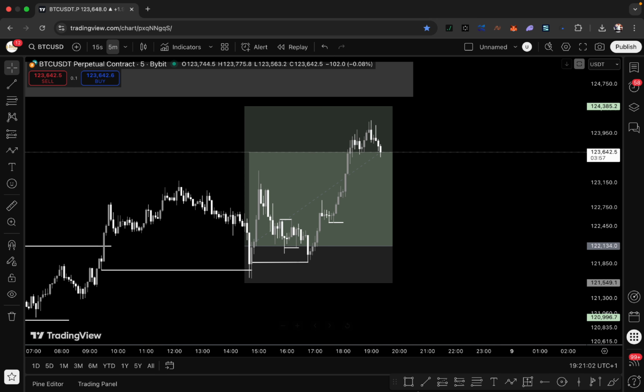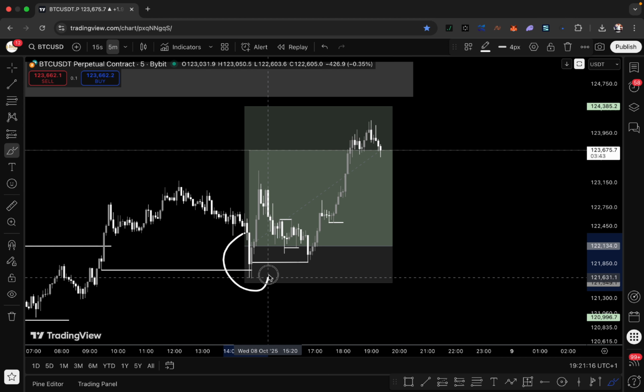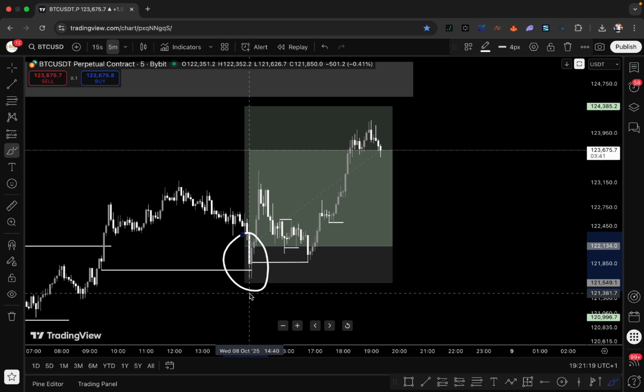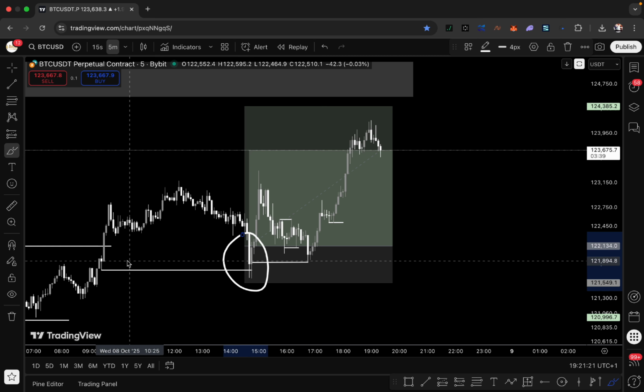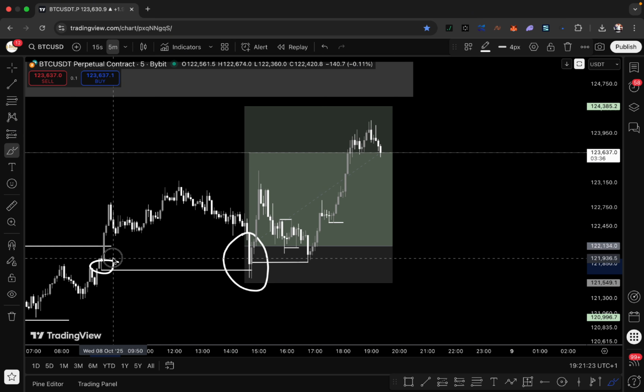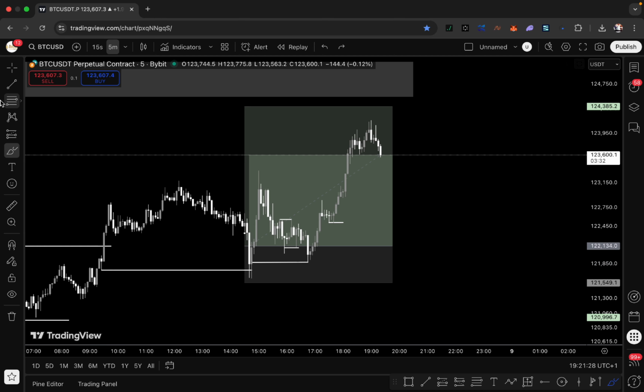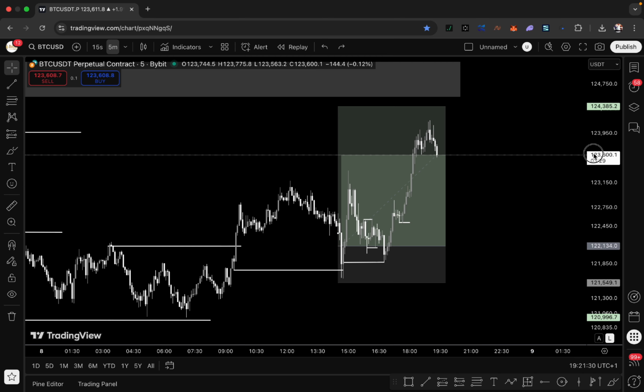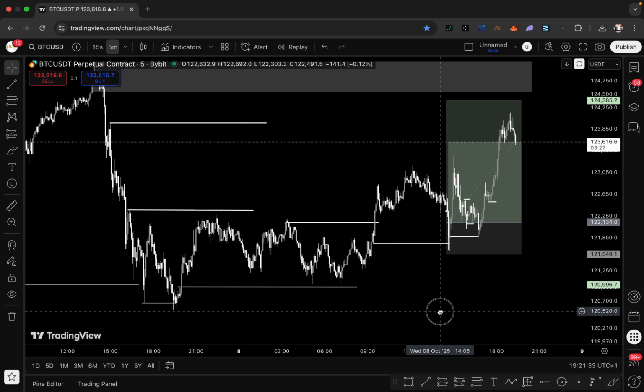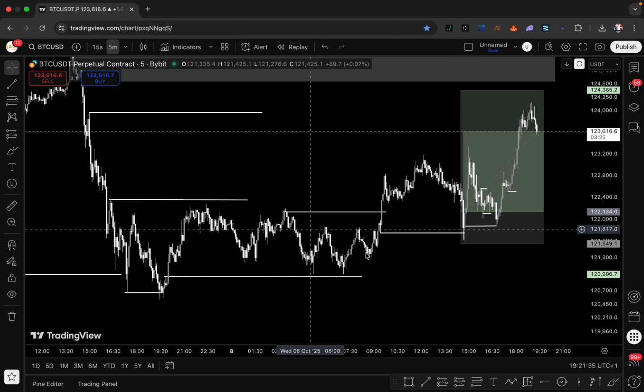For example, let me show you this. The one I'm using today is an order block that takes out liquidity. This right here is an order block, and the liquidity it took is this little wick. Mind you, you have to be aware of your bias, which is the trend. This is the 5 minutes time frame.